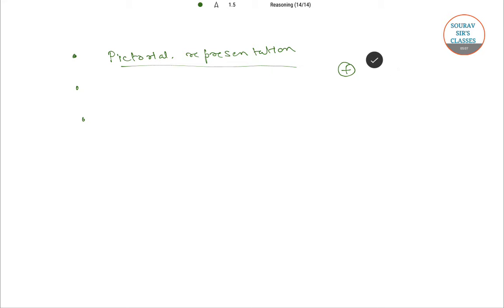This plus is used for male. This minus is used for female. This double-sided arrow is used to denote a married couple. And this single line is used to denote the sibling relationship, that is siblings.